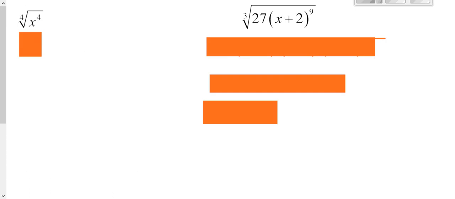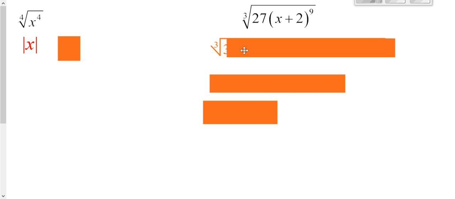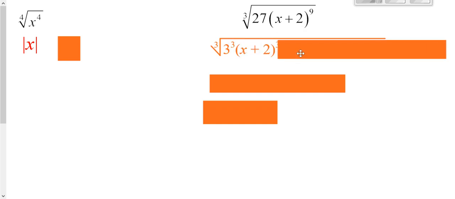So with that in mind, try to quickly do these two and then watch. Here, your 4th root cancels out your 4th power, leaving you with an x, but because it's an even root, we need to make sure that that is positive, so we have absolute value. Here, write the inside as something cubed, so that we get a 3 cubed. Write this as an x plus 2 cubed.